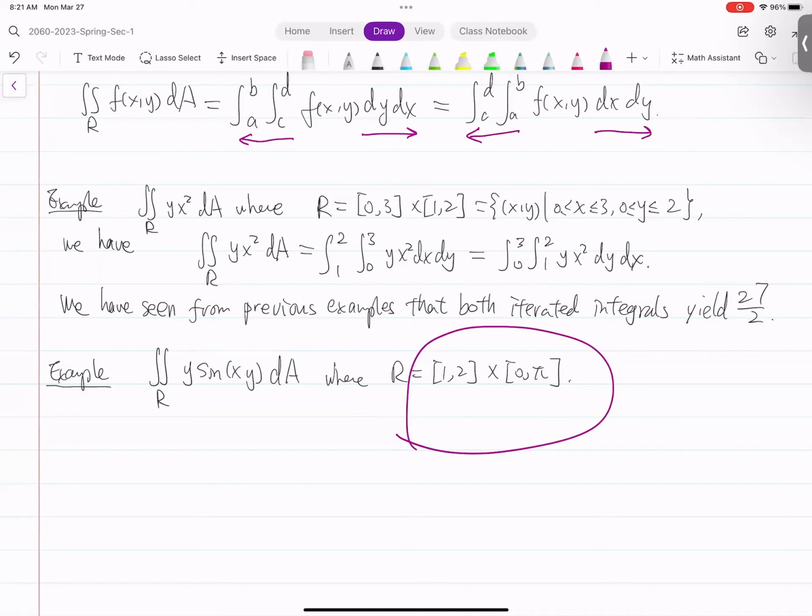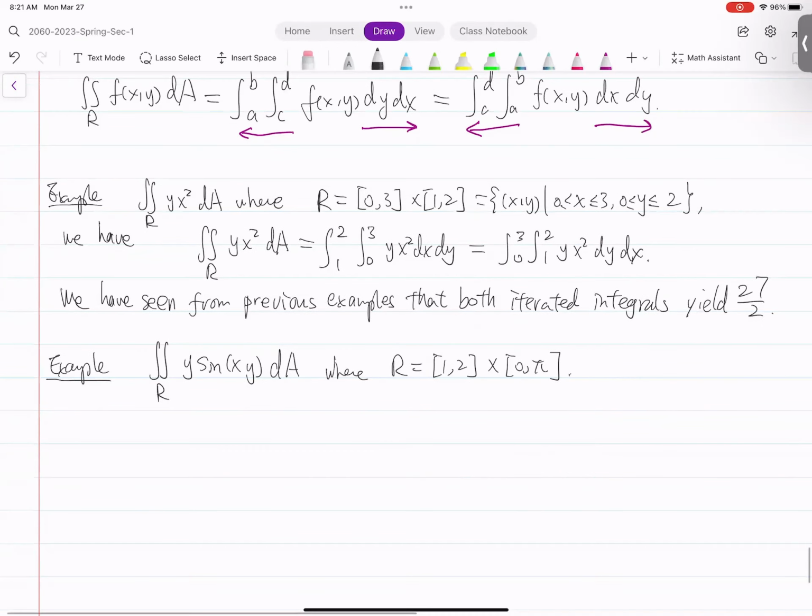What do you think? From 1 to 2. I see some of you already answered. Okay, so x is from 1 to 2 and y is from 0 to pi. Okay, so that's the order of this notation. Okay. Solution 1.